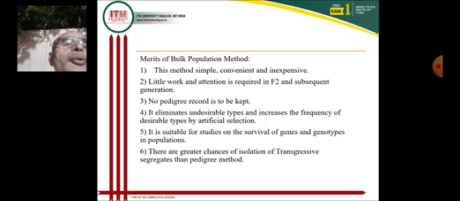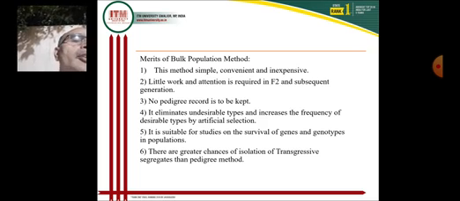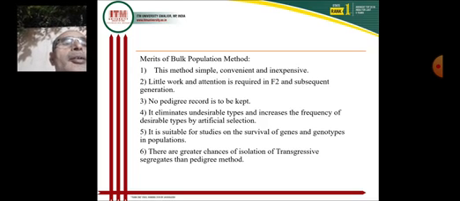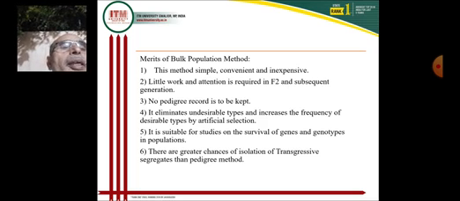It eliminates undesirable types and increases the frequency of desirable types by artificial selection. By artificial selection, frequency of desirable types is increased and undesirable types are decreased or removed.